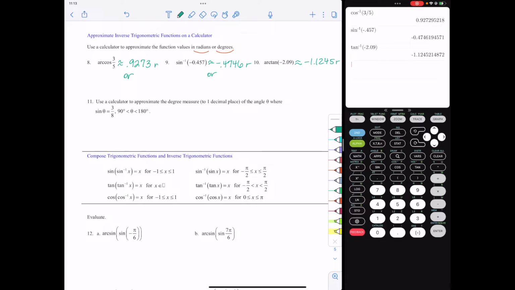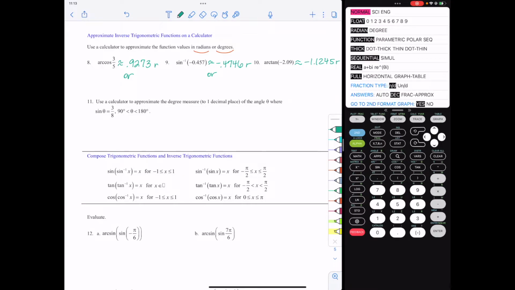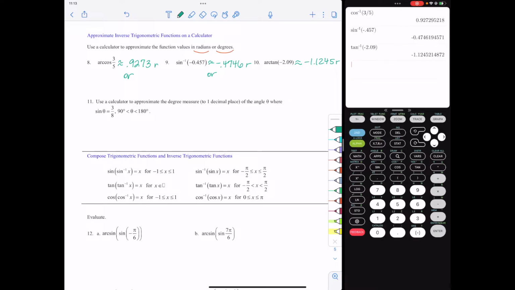Okay, and now let's switch our mode to degrees. And now we can go back, and this is kind of a neat feature of the calculator. So we're going to have the cosine inverse of 3/5, and we get 53.1 degrees.